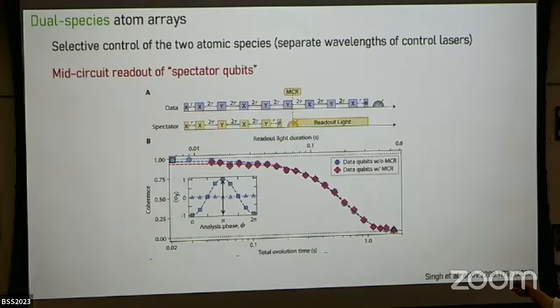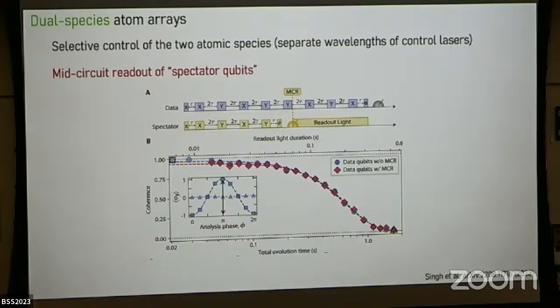So here what they did was you have your data qubits and your so-called spectator qubits, and you want to see if the data qubits are affected when you do imaging on the spectator qubits. And basically here what they're plotting is the coherence of the data qubits with or without the mid-circuit readout on the ancillas. And you see that it's basically unperturbed.